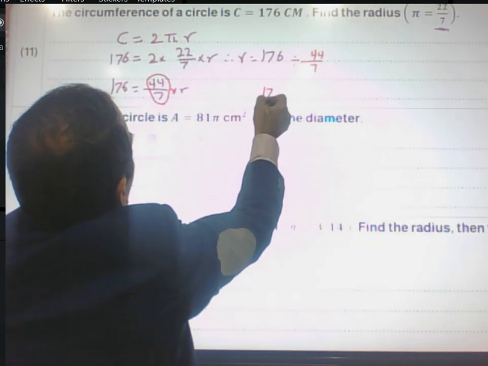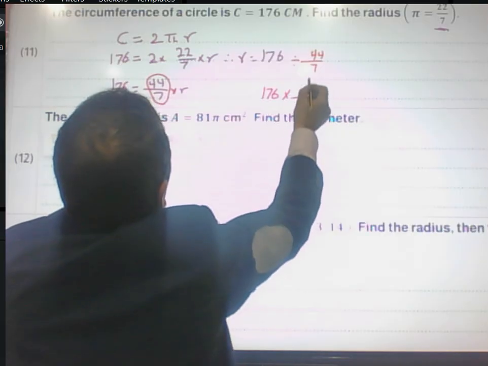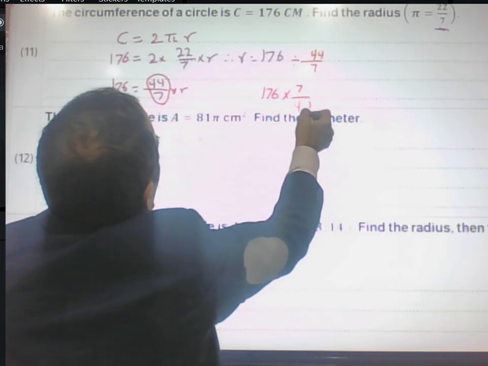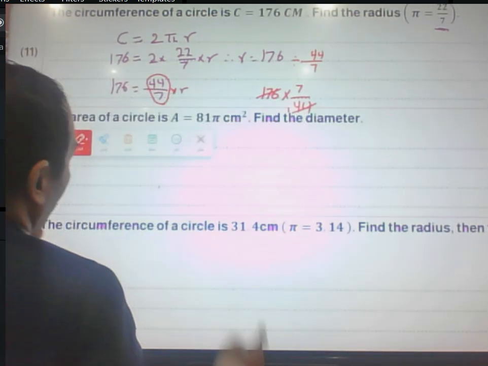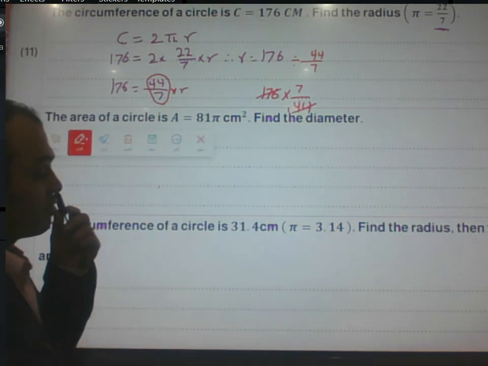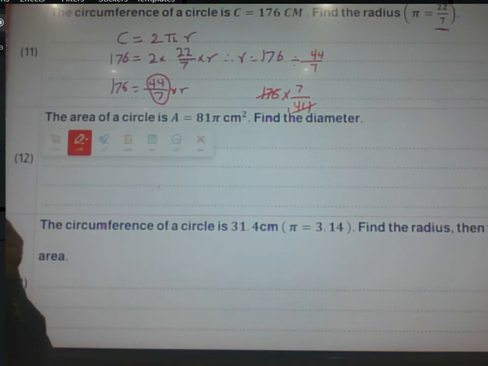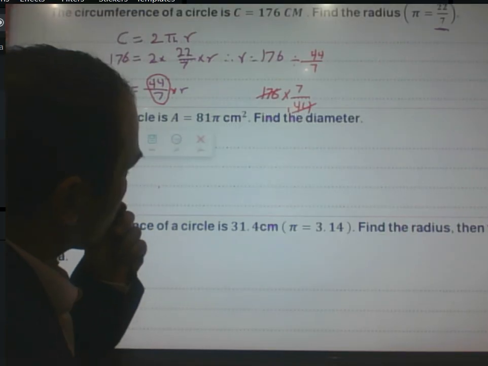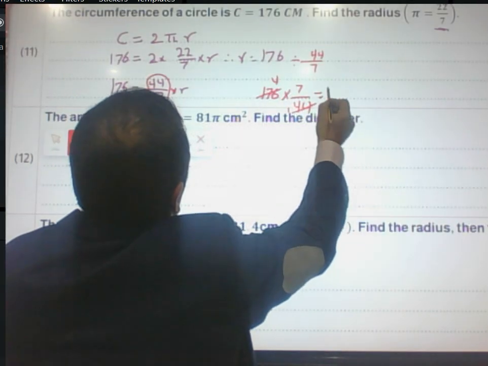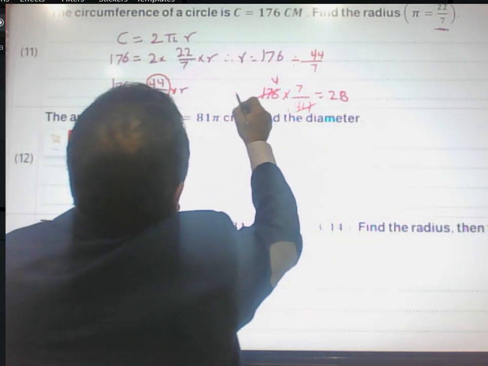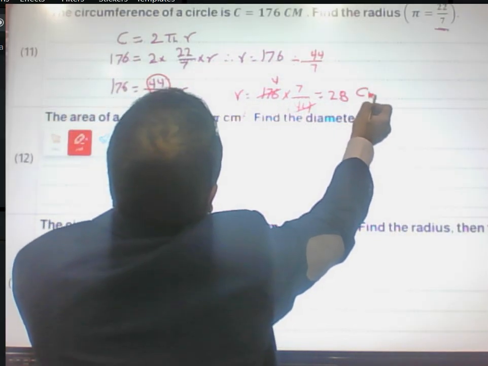And then write 176 multiplied by the reciprocal of this fraction, which is 7 over 44. 44 divided by 44 equals 1, and 176 divided by 44 equals 4. Then 4 times 7 equals 28. Then the radius will be 28 centimeters.